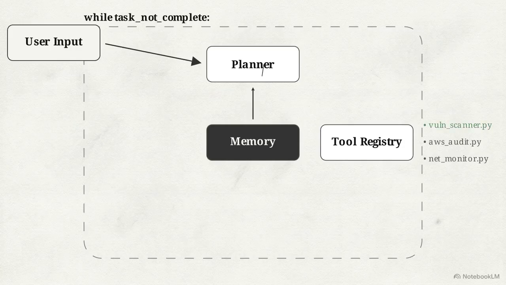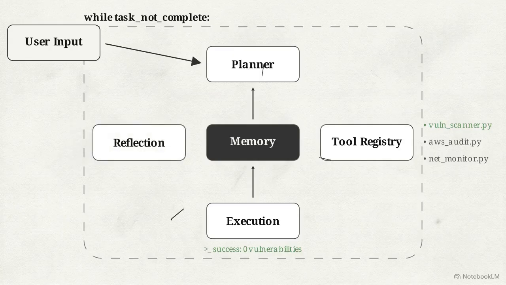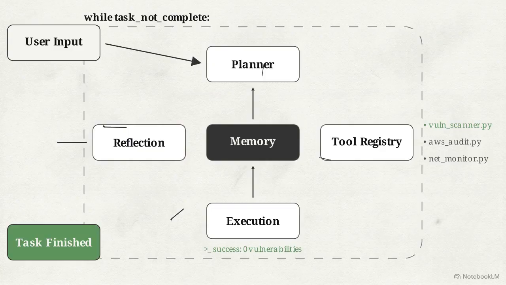During execution, the chosen script runs against the live environment, returning data or making an approved system change. The result of that execution is permanently written back into the memory system. Finally, the agent enters a reflection step, evaluating the execution result against its original goal, determining if the task is finished or if it must iterate again.